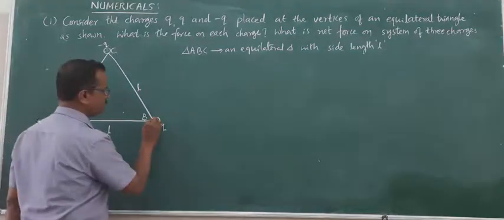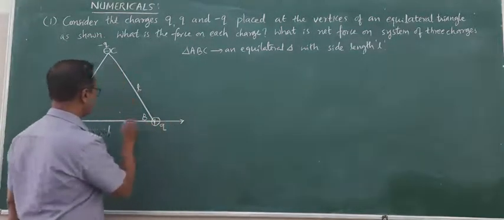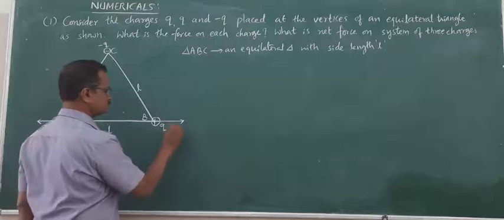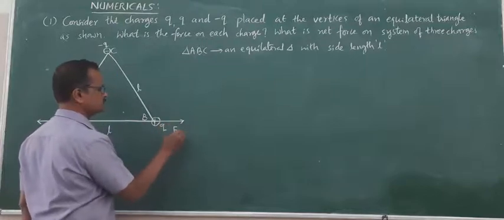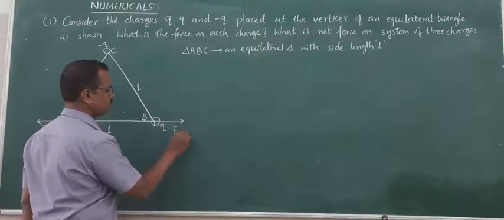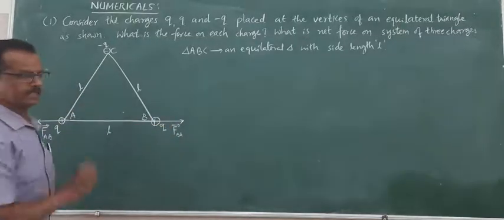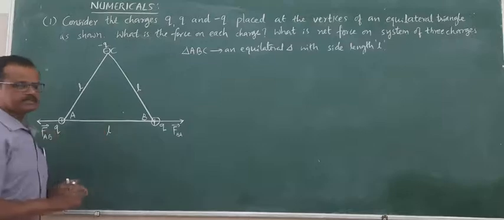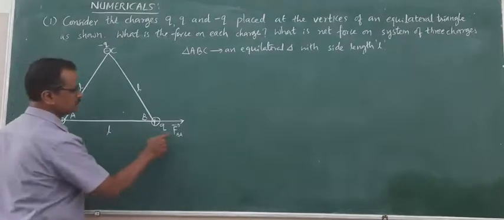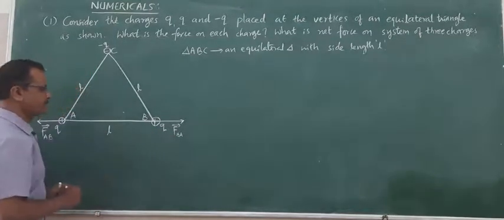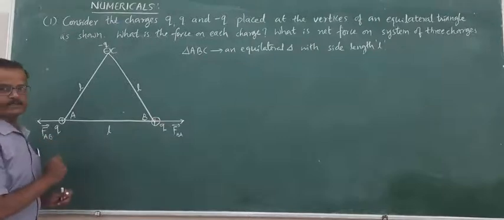And force on B due to A is also repulsive. This is also shown in this direction, pointing away from each other. They are of the same magnitude. So this is force FBA and FAB respectively.